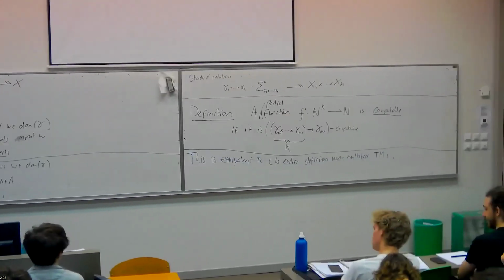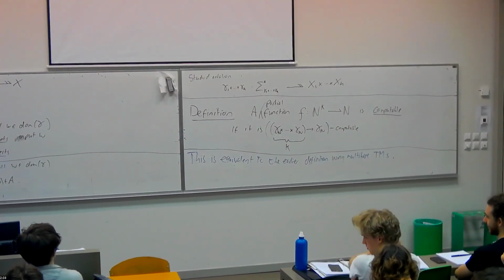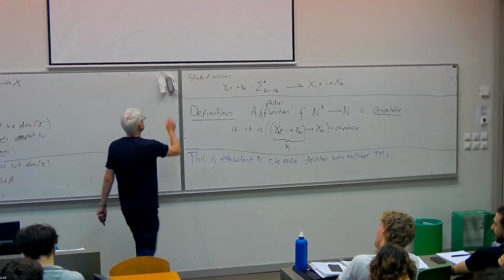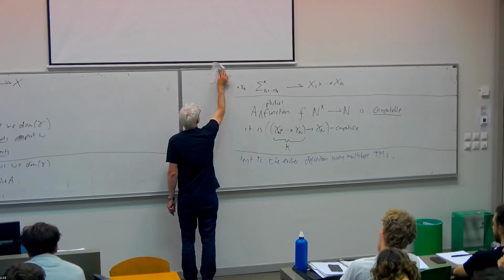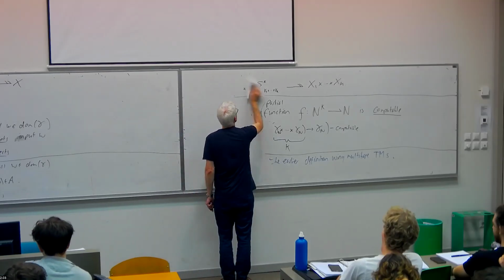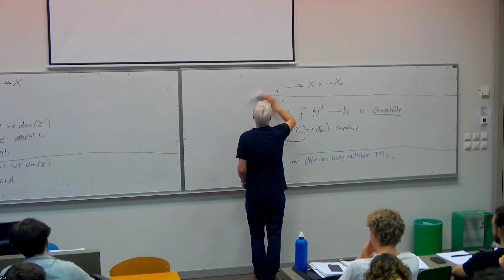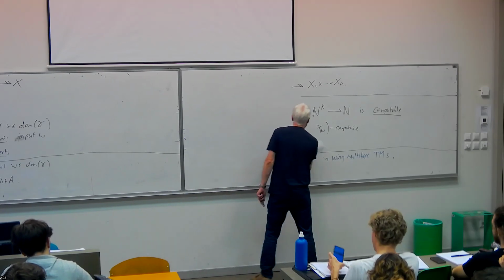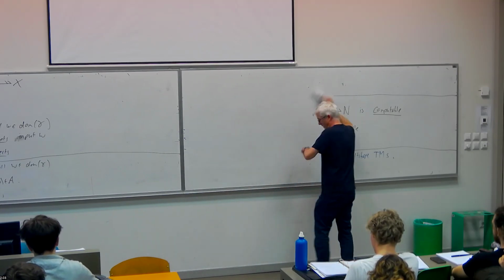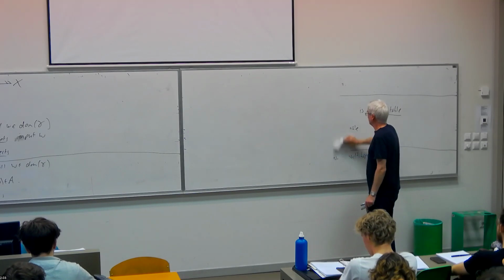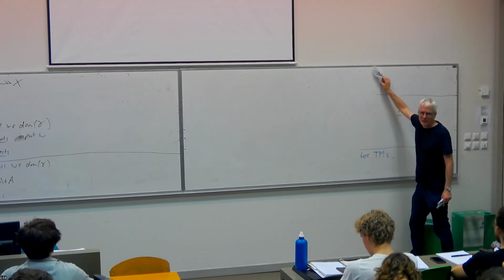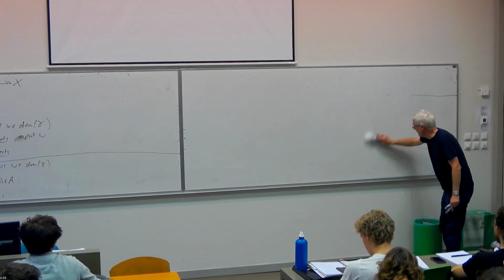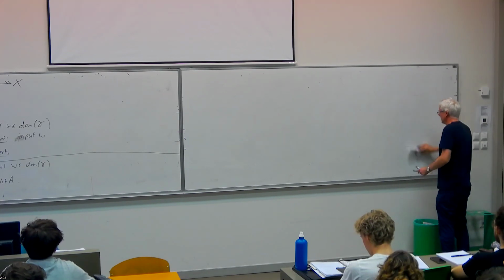So let's go to the other board and so I'm going to do some very simple mathematics now, because we've been going for nearly 2.5 hours, so time we should do something very simple.